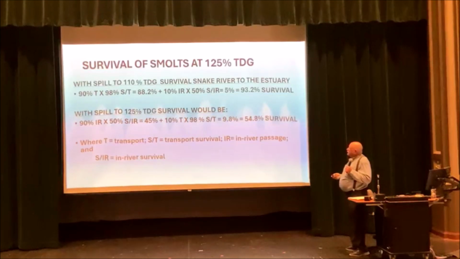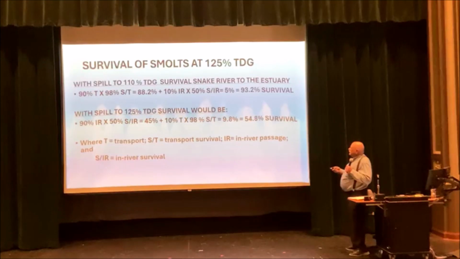Still at 110%, let's say that you're collecting and transporting 90% of the juvenile fish that are going through the powerhouse. They're surviving at 98%, or 88% of them make it to the estuary. The other 10% are going over the spillway, and 50% of them make it to the estuary, so you have 93% survival to the estuary.